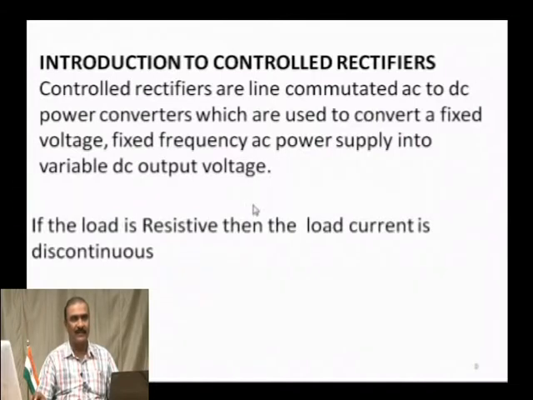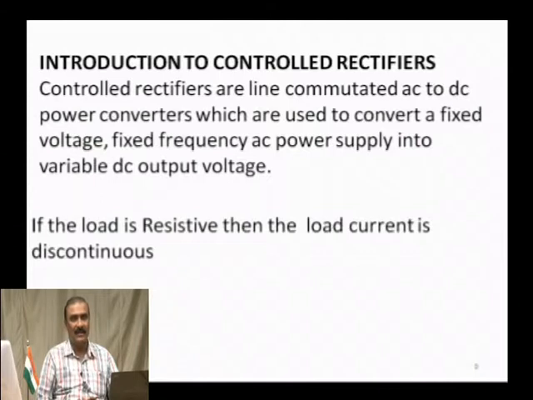Now, there are several aspects to be discussed here, because it is a complex part of rectification, controlled rectification in fact. You are going to connect a load at the output, which can be a purely resistive circuit, or it can be a combination of resistance, inductance, etc. Once again, the output current is very important here.